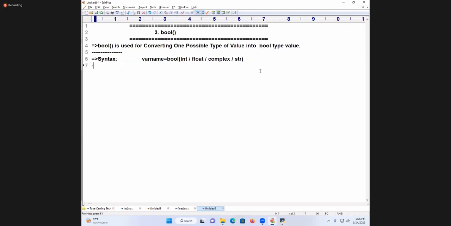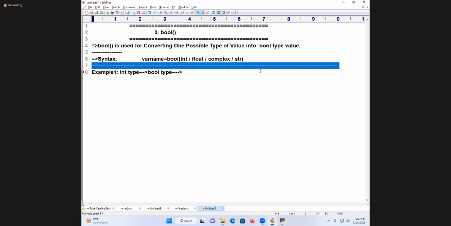Okay. Now I am writing another type of discussion. Example number 1: int type to bool type. I need to check it out.